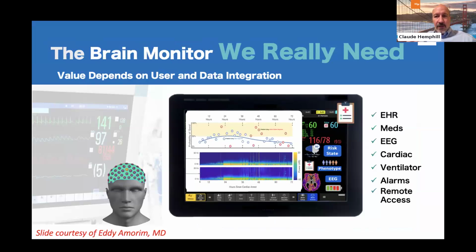And what we really want is this sense of data integration. The value of that data really depends on how we integrate it and the decisions we make. The things that I'm doing, we're doing when we're on rounds where we take that information. So wouldn't it be great to have a monitor that does analytics and risk state and phenotyping and so forth?